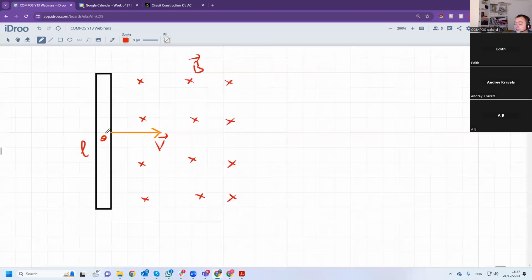Because it's an electron and it is moving, that means there's a force acting on the electron. And we can find the direction of that force by using the left-hand rule. So the first finger is the field, so field goes into the page. The second finger is current, but it's a negative particle moving to the right. That means the current is to the left.